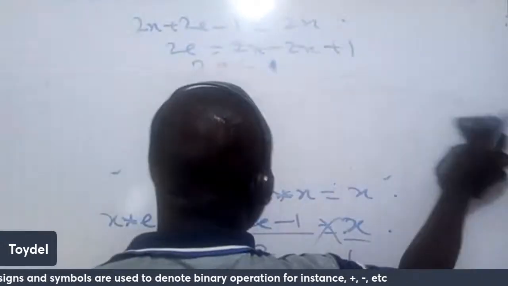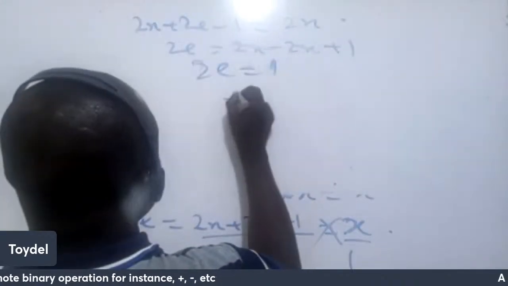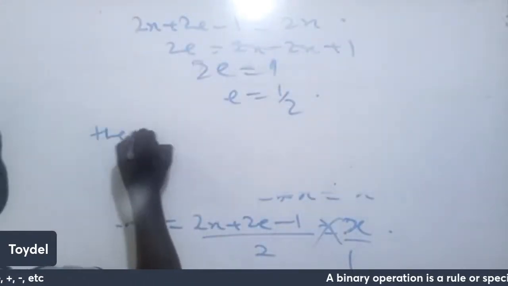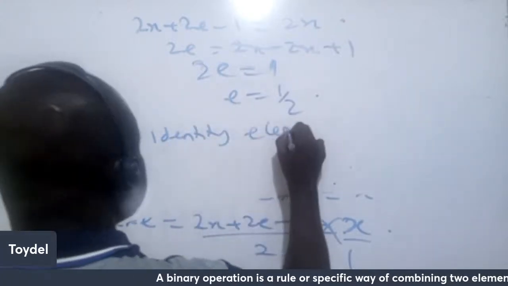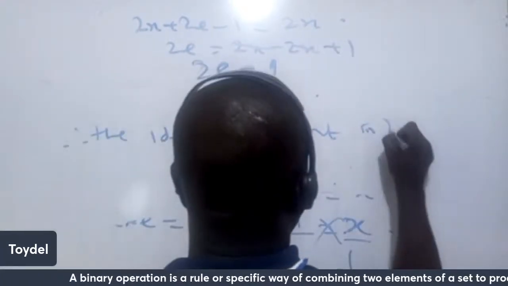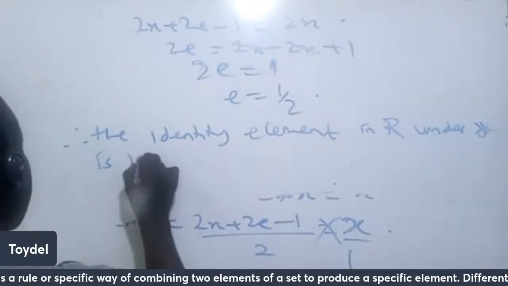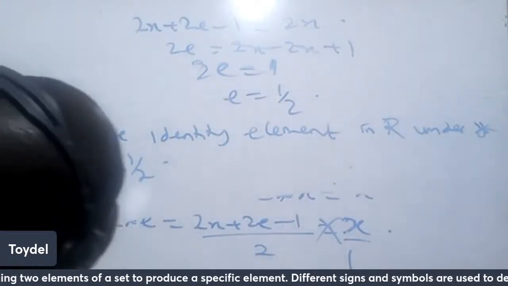So 2e is equal to 1, then e is equal to half. So in this case, the identity element in R under asterisk is half. So that's how to find the identity element.